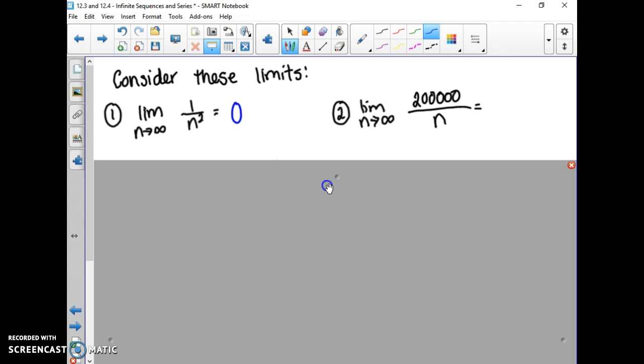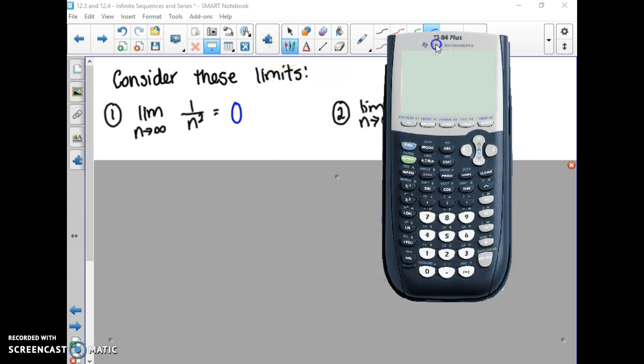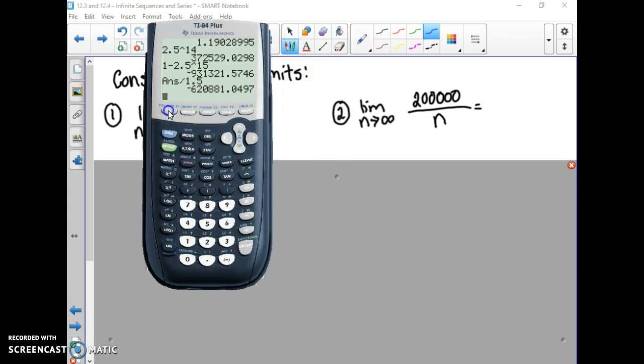As n increases, okay? It's still going to get smaller, right? Even though our numerator is a large number, we have 200,000 in the numerator, as n gets bigger, that number is going to decrease. So let's use our calculator here just to look at this. If we've got a formula, I'll clear this out. Let's see, 1, 2, 3. Get rid of one of those. Okay. 200,000 divided by, I might have to put an x instead of an n. If we look at our table, mine's starting at 16 because it's where it showed up.